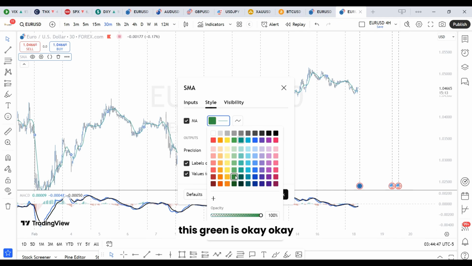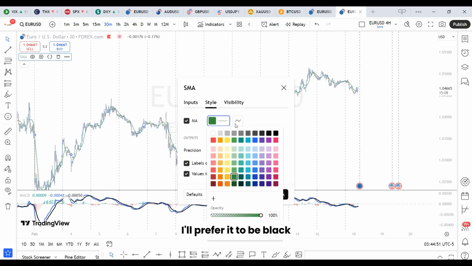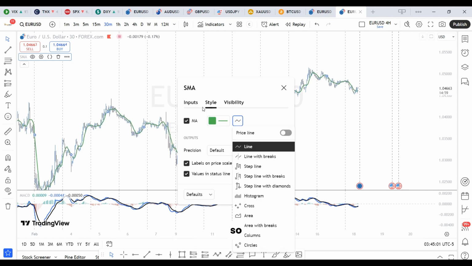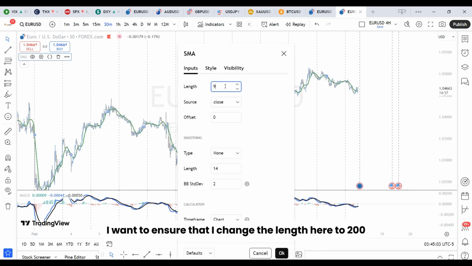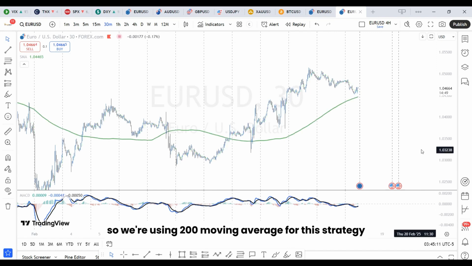Green, this green is okay. I'll prefer it to be black. Then the width, I want it to be a little bit bold. Okay, green was okay. So I want to ensure that I change the length here to 200. So we're using 200 moving average for this strategy.